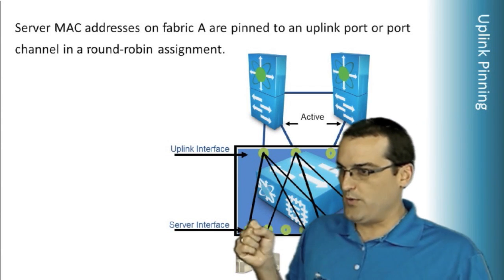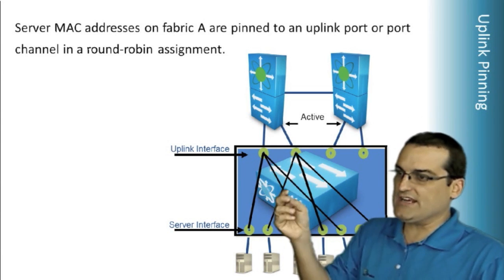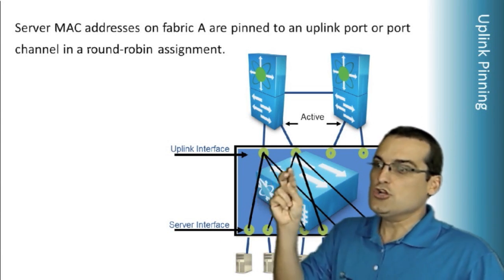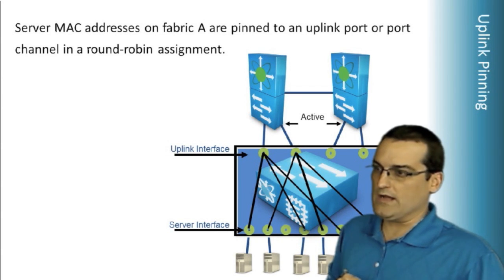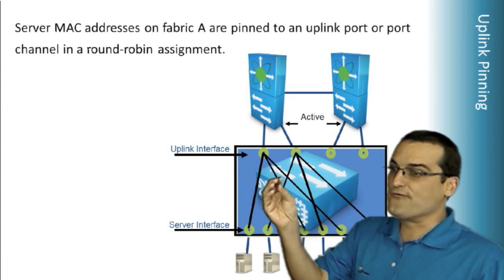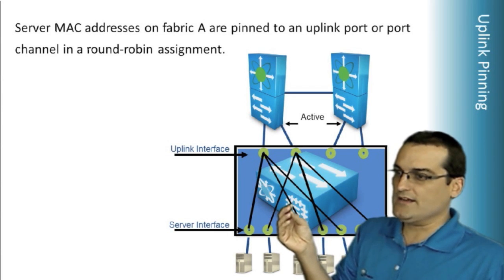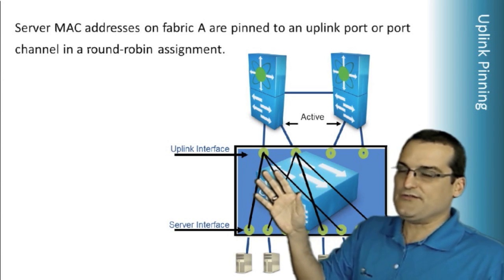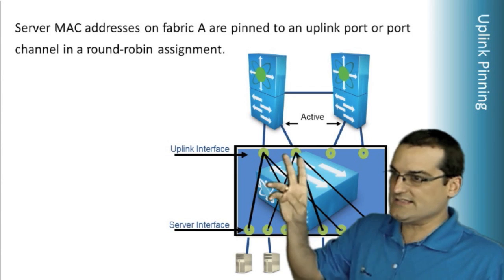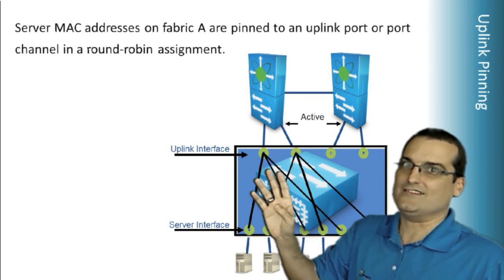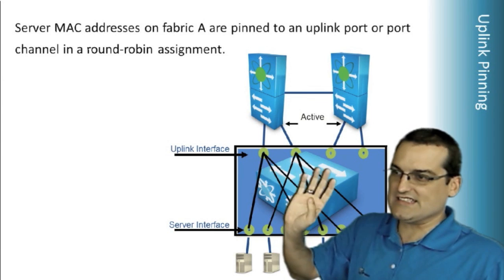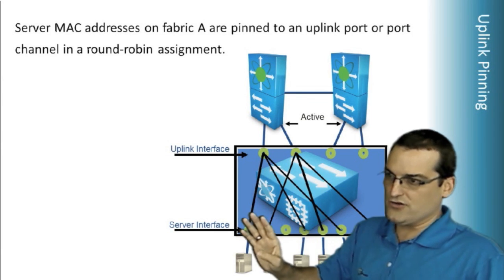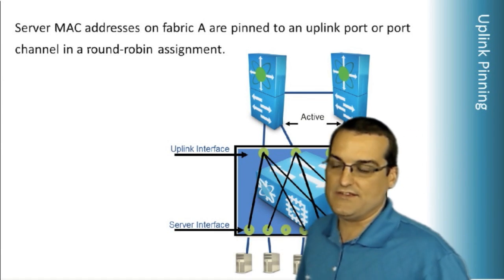So if it's a port channel, it's pinned to the port channel. And remember, the virtual port channeling is transparent on the Fabric Interconnect. It just considers it a port channel. The virtual port channel is a trick with the Nexus, and the Fabric Interconnect stays completely oblivious to that.